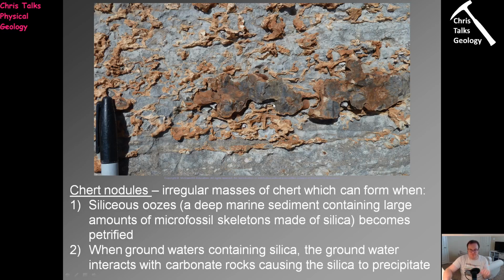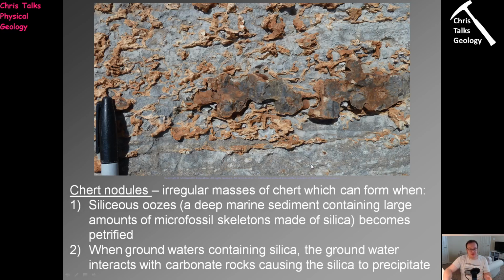The other way we can form chert is if we have a groundwater, a water moving underground, which contains silica dissolved in it. And what will happen is as that groundwater moves through a layer of rock, typically a limestone or a chalk, the water, which contains the silica, will react with the rock.